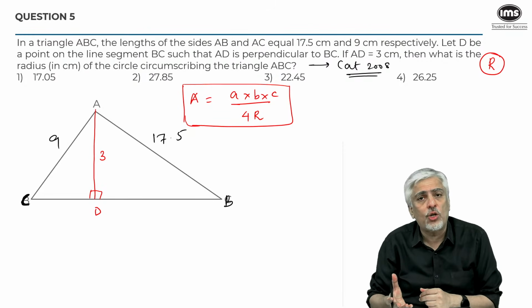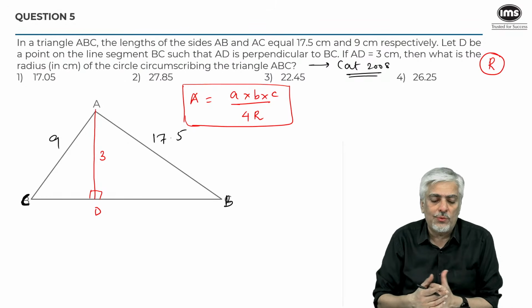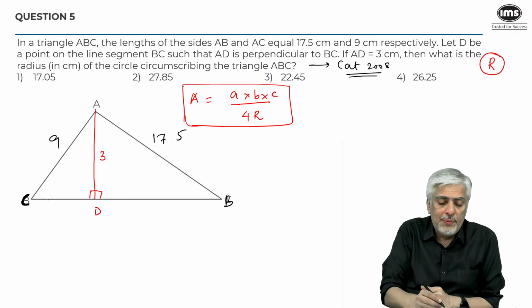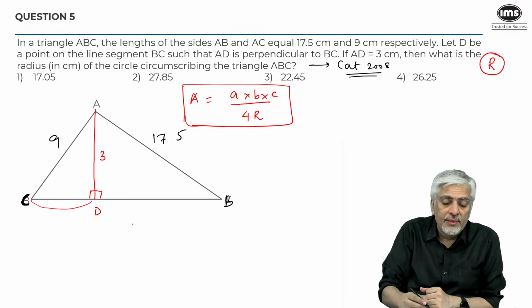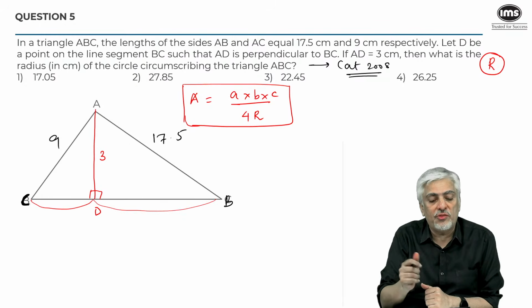You can't go ahead at all with the sum. Now, let me tell you what happened when this question was first asked in CAT. People tried to calculate CD, they tried to calculate DB and then try to do the sum, which was a waste of time.